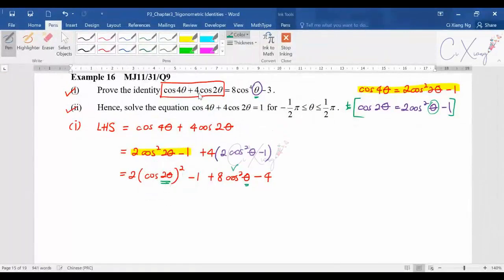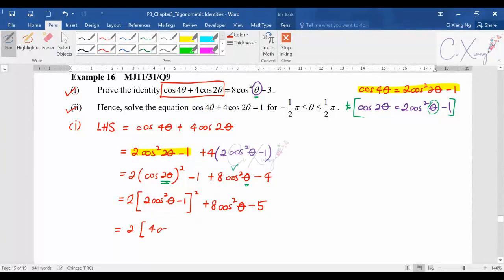When I substitute it in, I have 2 times 2 cos square theta minus 1, all squared, minus 1 minus 4, which becomes minus 5. So I have 8 cos square theta minus 5. This bracket, please expand it.